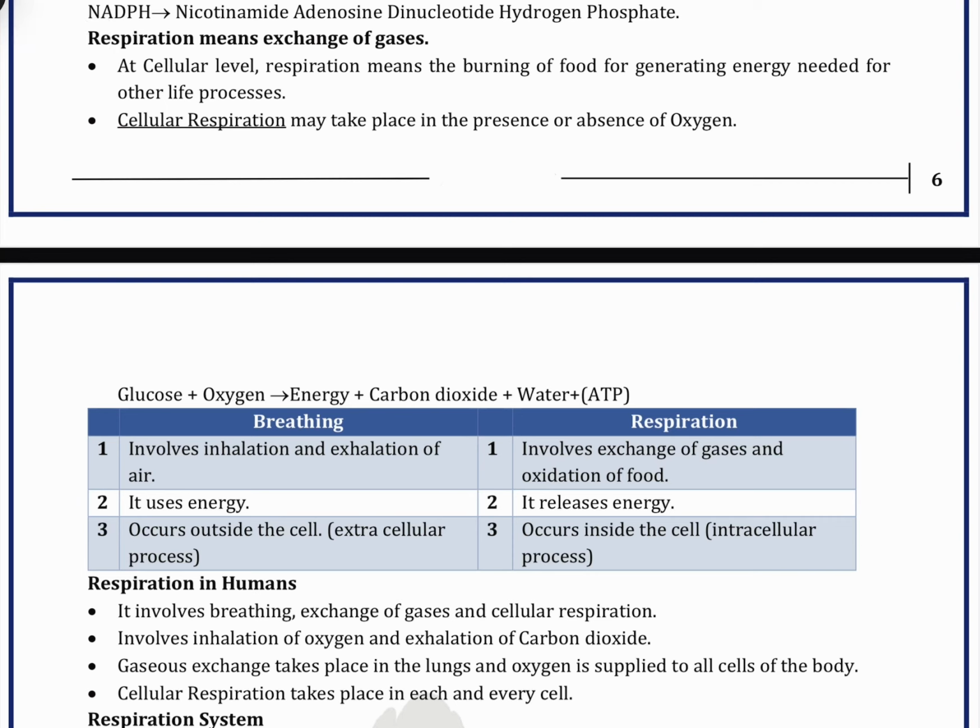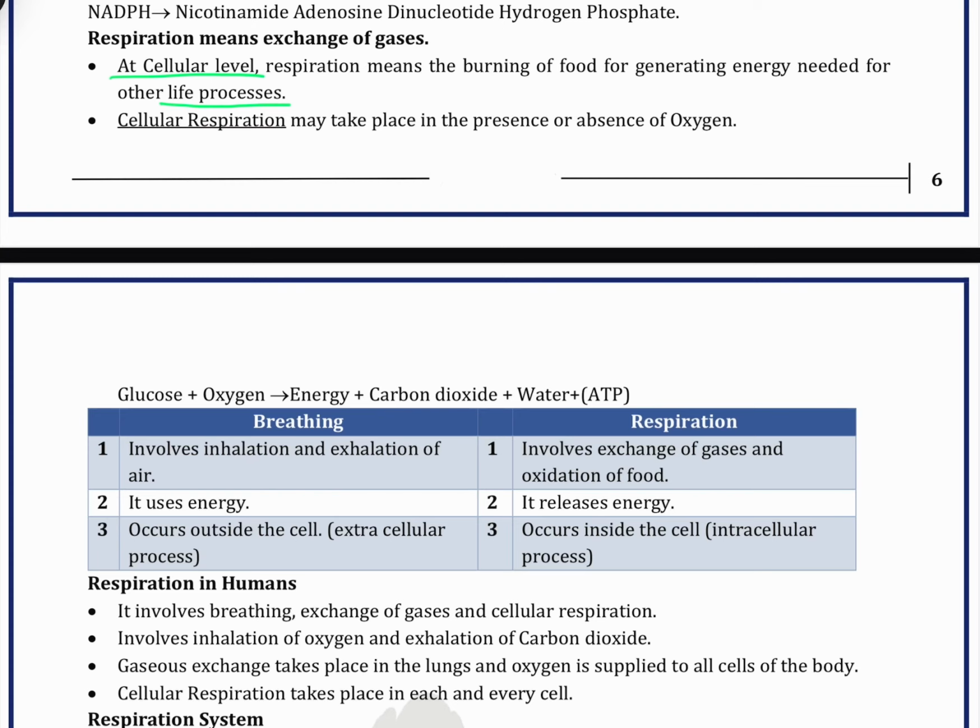Then moving on, we can see respiration means exchange of gases. So respiration, we know we respire, and there are two terms, breathing and respiring, which we will learn. Basically respiration means exchange of gases. At the cellular level, respiration means the burning of food for generating energy needed for other life processes. We have already discussed what life processes are.